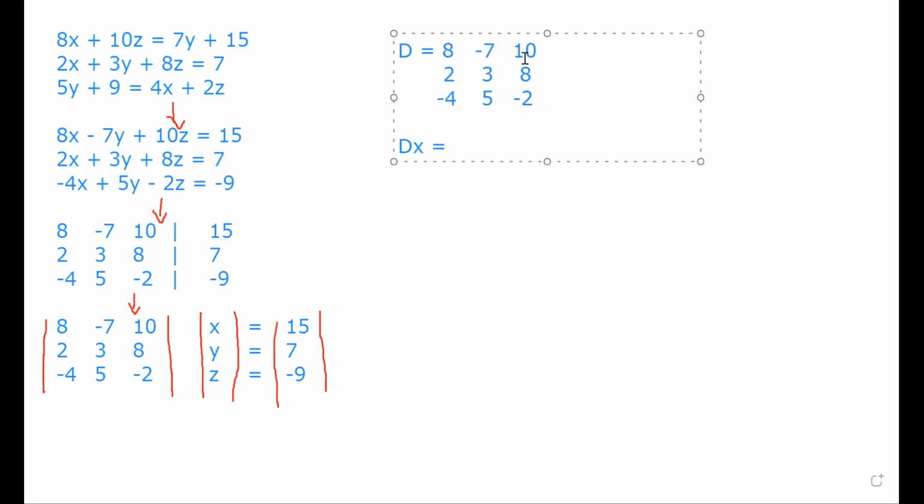And the third is the position of z. Now when I write the matrix for dx, I have to replace the first column by this vector matrix. So therefore it is 15, minus 7, 10.